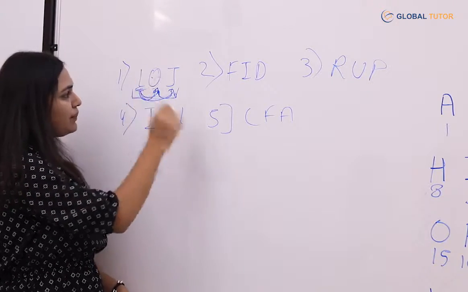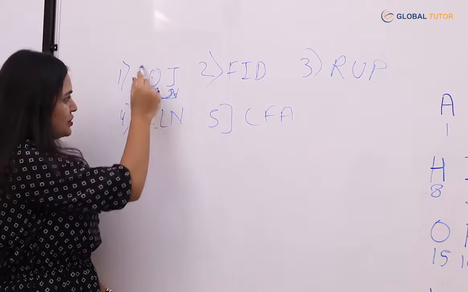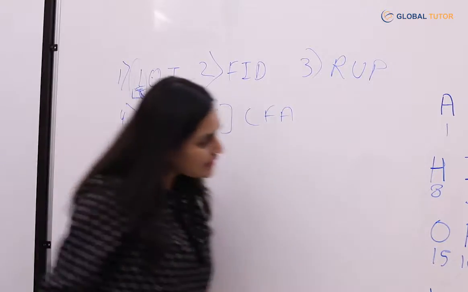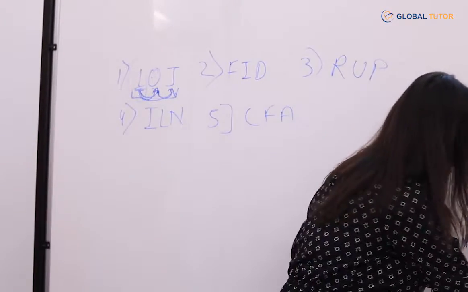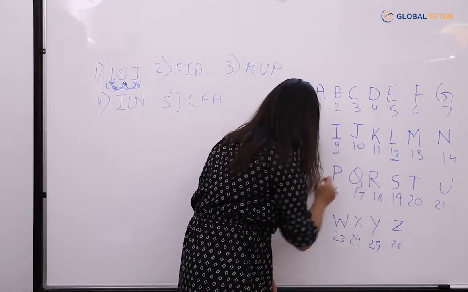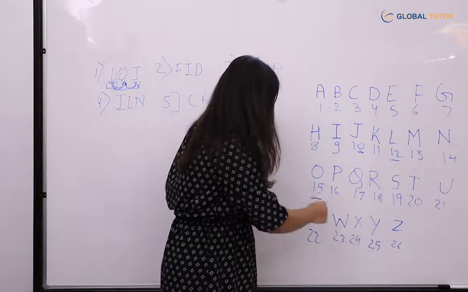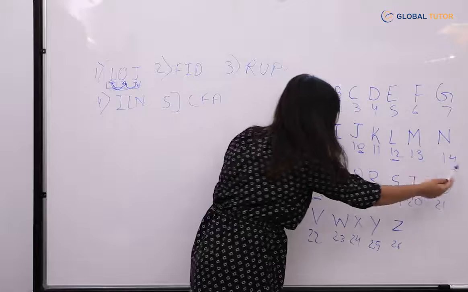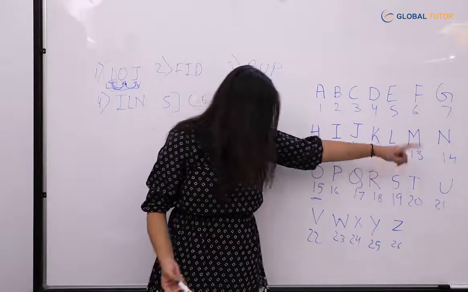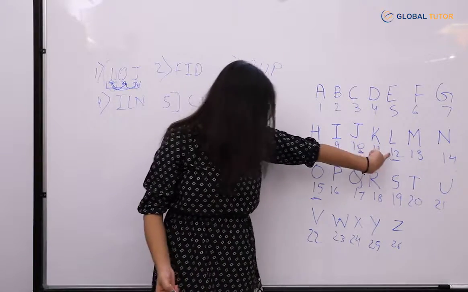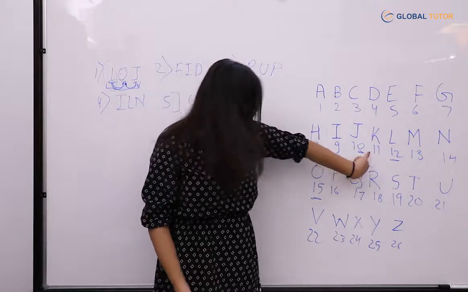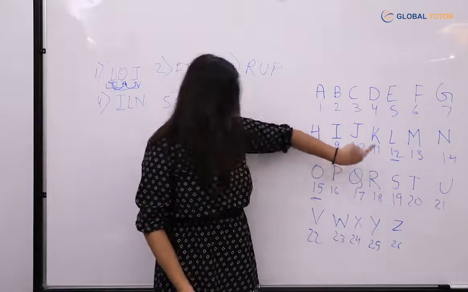So let's compare it with L. Between L and O there's a difference of 2 letters and O comes after L, and between J and L there's a difference of 1 letter and J comes before L.